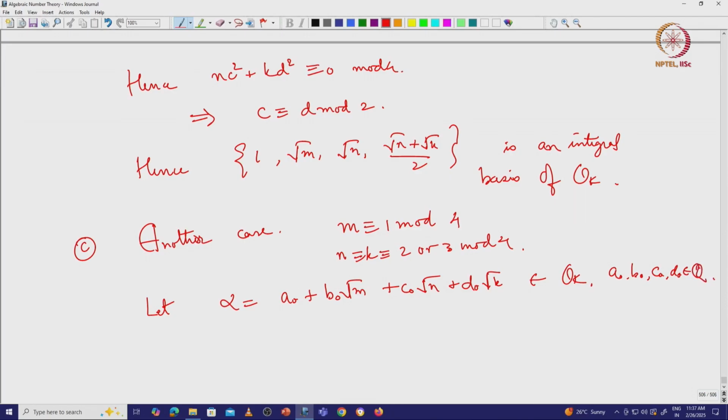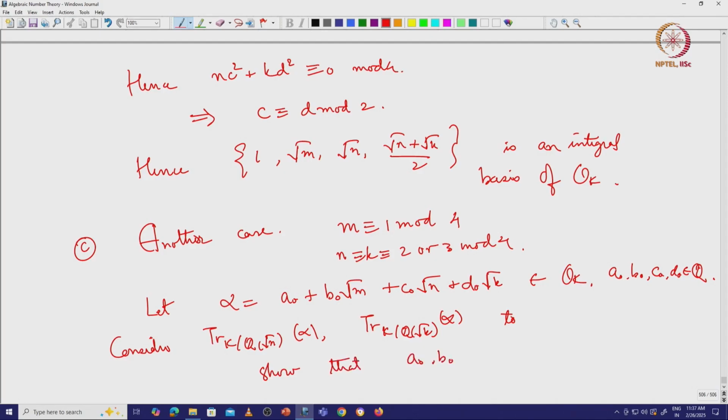And so, we can again consider the trace from K to Q square root of n of alpha and the trace from K to Q square root of k of alpha to show that a0, not b0, c0, d0, these are half integers at most, right.